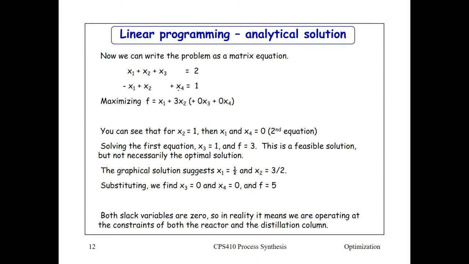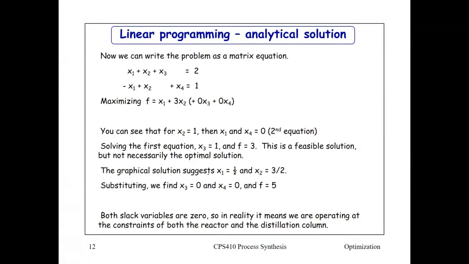There's that constraint that they must be positive values or 0. So solving the first equation, x1 equals 1, f equals 3, it is a feasible solution, but not necessarily the optimum solution.